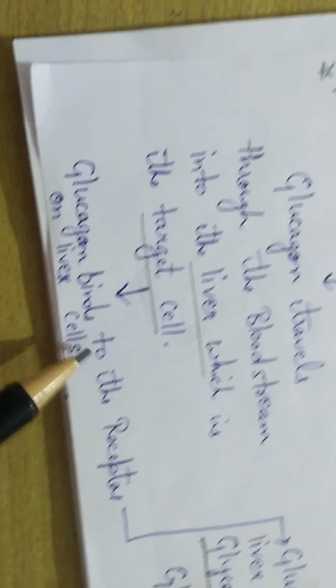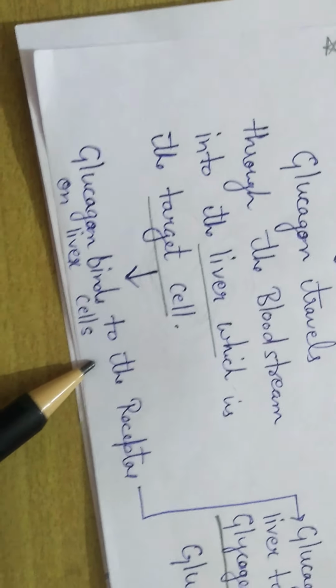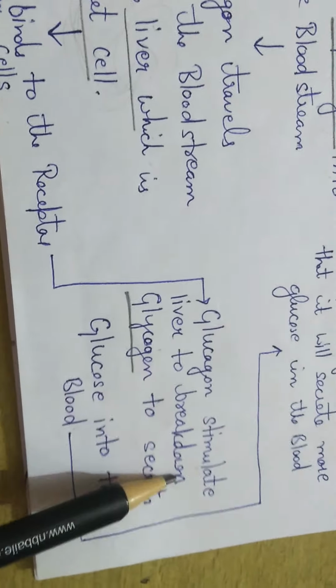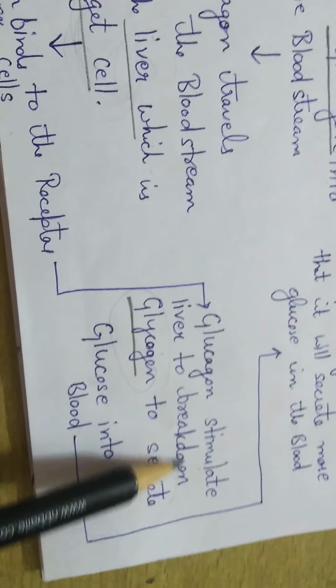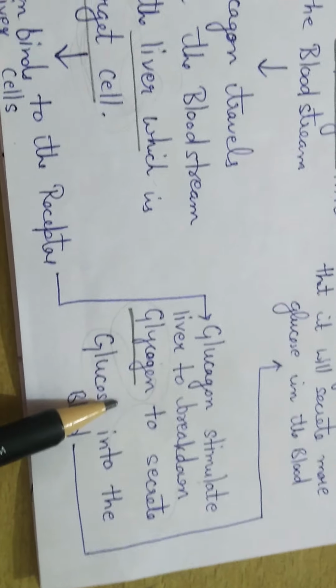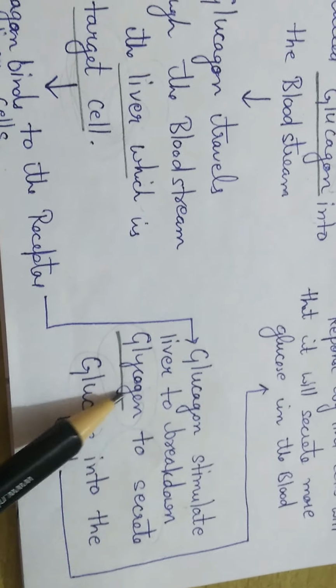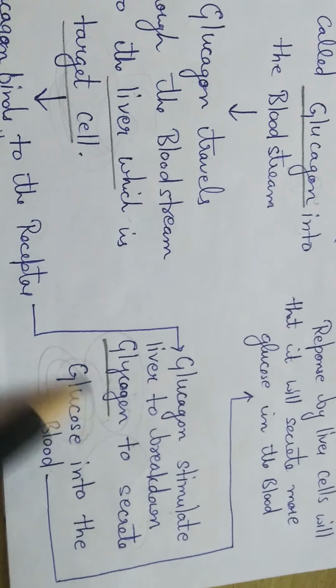Glucagon will bind to the receptor on the liver cells. Okay, so in this way it will stimulate the liver to break down glycogen to secrete the glucose. So it will basically break down the glycogen into the glucose.